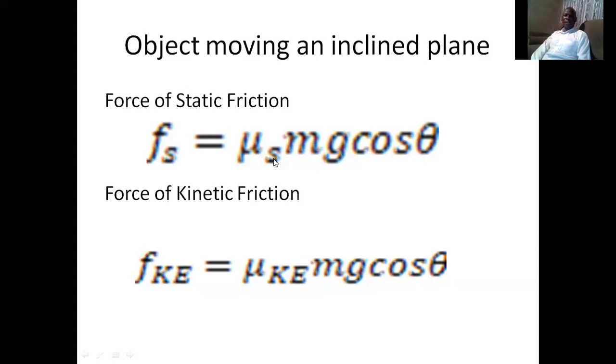We said the force of static friction is equal to the coefficient of static friction multiplied by the weight times cos theta. And the force of kinetic friction is equal to the coefficient of kinetic friction multiplied by weight cos theta.